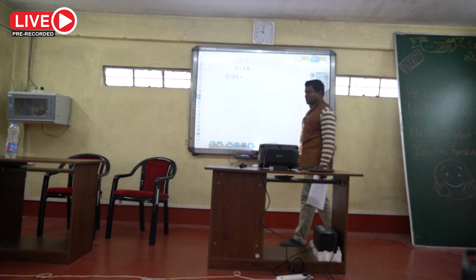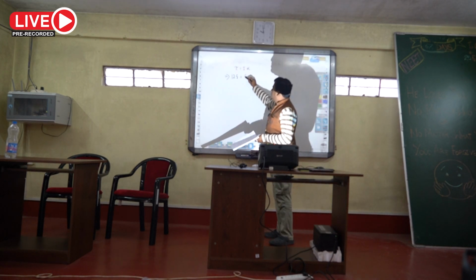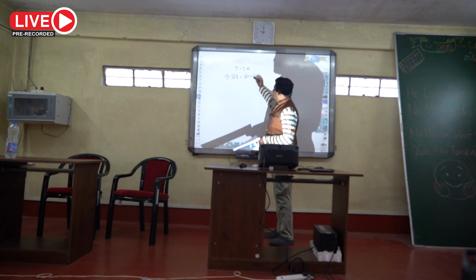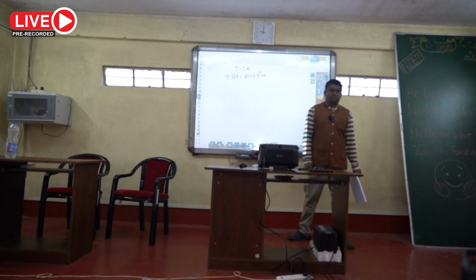So I equal to m k square. So m is given 50 kg, k is given radius of gyration 0.5, m k square. So this is the moment of inertia into alpha. Now first calculate alpha.